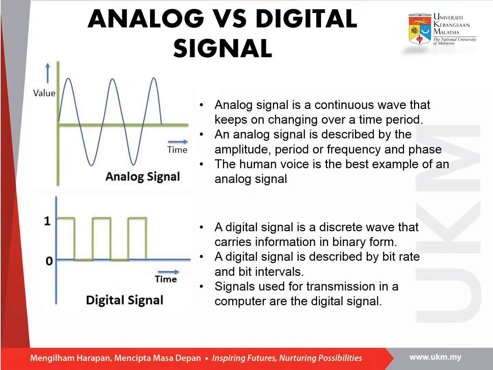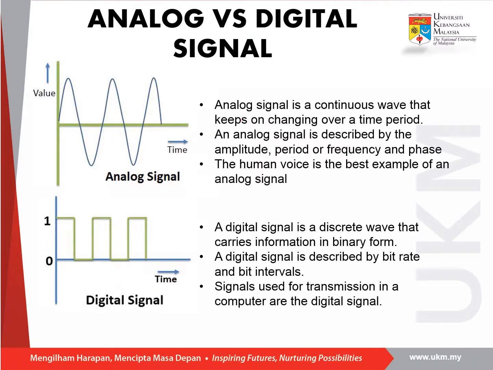Alright, before we continue to the other part, we need to understand the differences between analog and digital signals. An analog signal is a continuous wave that keeps on changing over a time period. An analog signal is also described by amplitude, period or frequency, and phase.